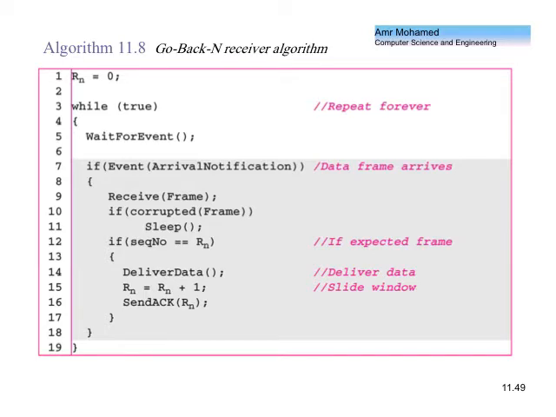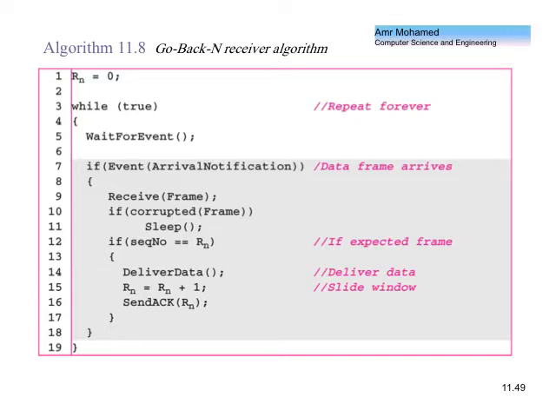Conceptually, it's exactly the same. As we can see, there's only one event here, which is the arrival of the data. When the receiver receives the data, it first checks if it's corrupted. If it's corrupted, then it ignores it.